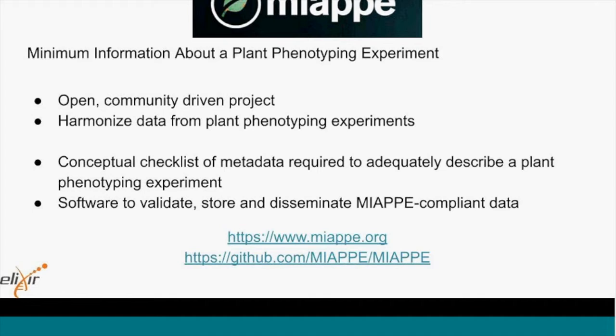Conceptually, this is a checklist of metadata that is required to describe a plant phenotyping experiment, with the software tools to validate, store, and disseminate this data. On the links on the slide, you can find all information about this international consortium. So this is where we develop the metadata standards that we need.